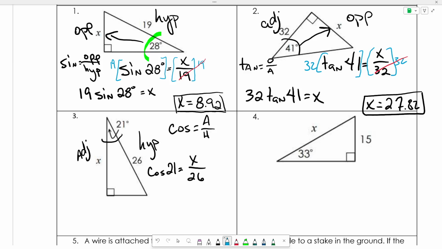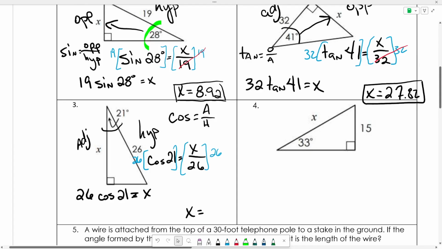Multiply both sides by the 26 to clear the fraction. So I have now 26 cosine 21 degrees is equal to my variable x, my missing side. And I see that x is equal to, and we punch it in our calculator.